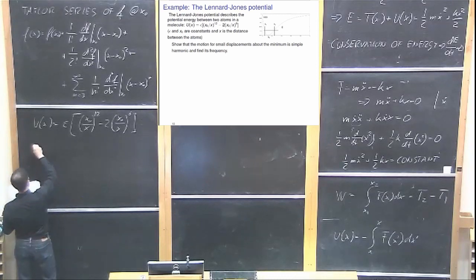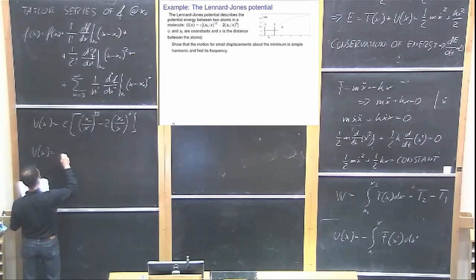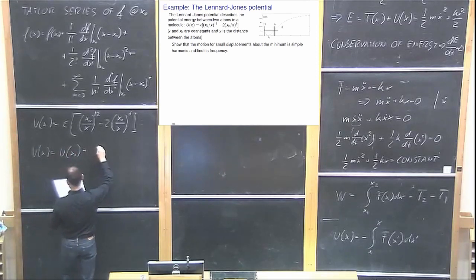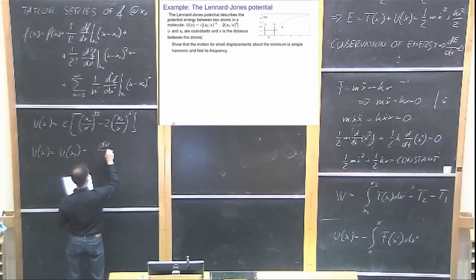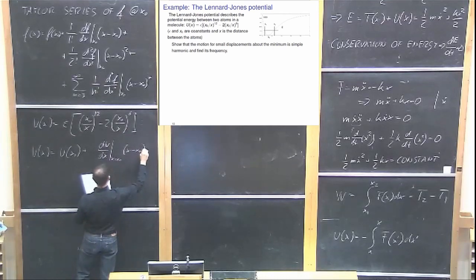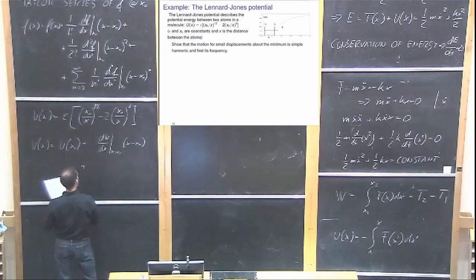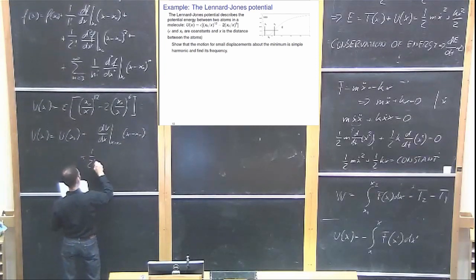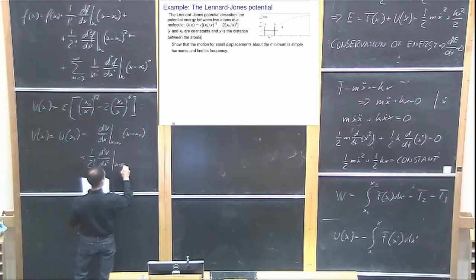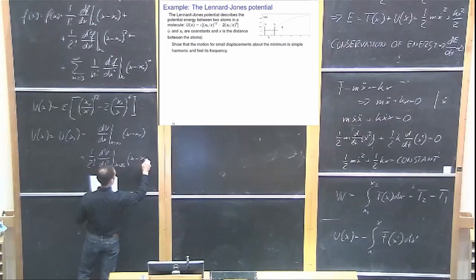So U(x) equals U(x naught) plus dU/dx evaluated at x equals x naught, times (x minus x naught), plus 1 over 2 factorial, d squared U over dx squared evaluated at x equals x naught, times (x minus x naught) squared.